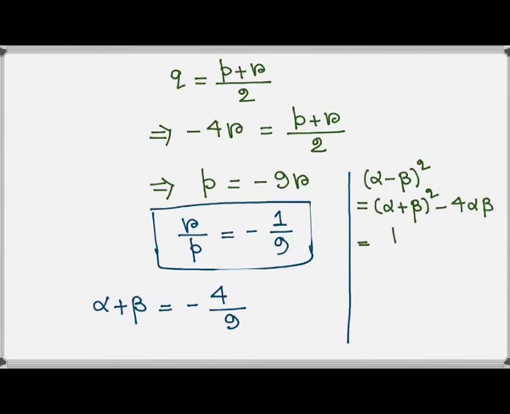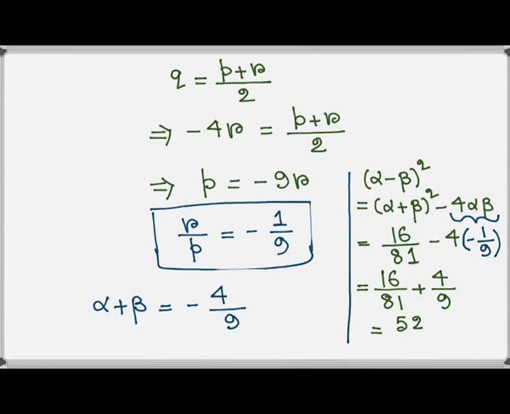If we substitute, we get 16 by 81, and here if we substitute the value of alpha beta, we get 4 into alpha beta is equal to 4 into r divided by p, which means minus 1 divided by 9, and hence we are getting this is 16 divided by 81 plus 4 divided by 9, and this is nothing but 52 divided by 81.